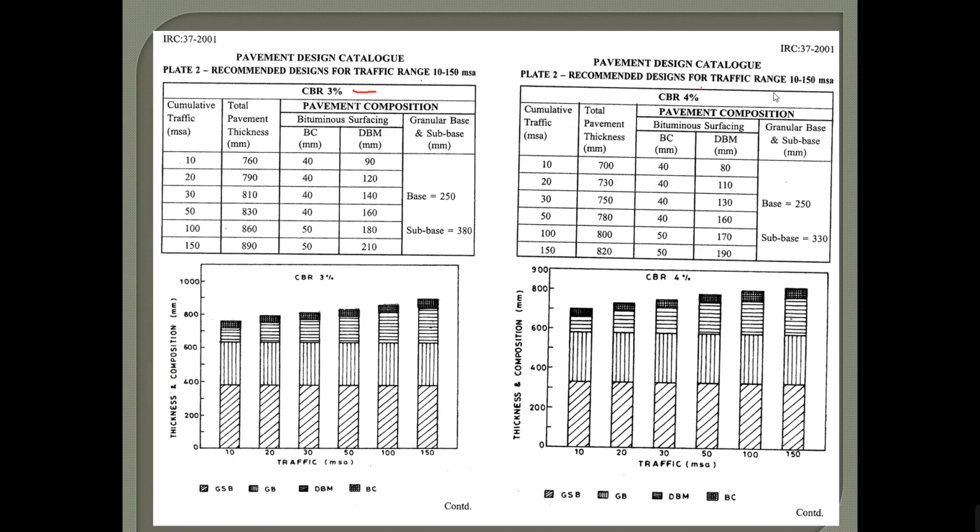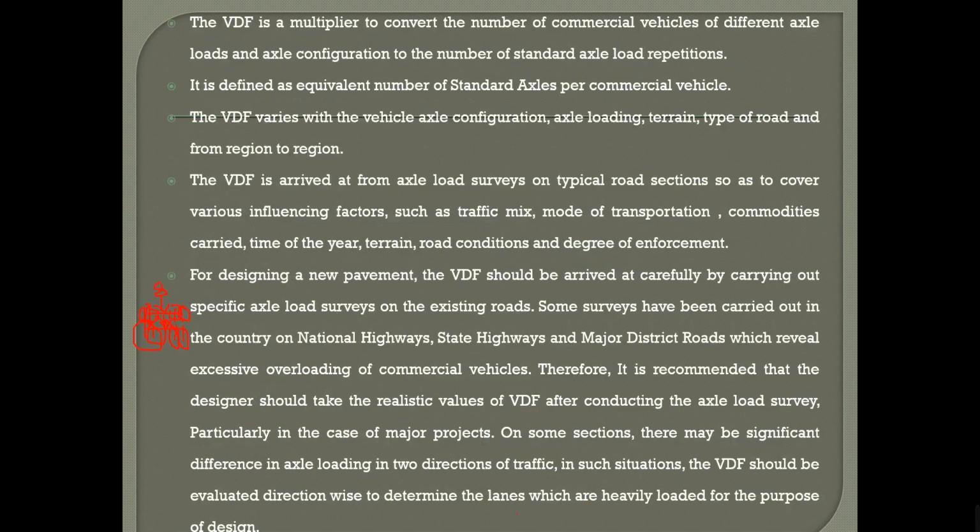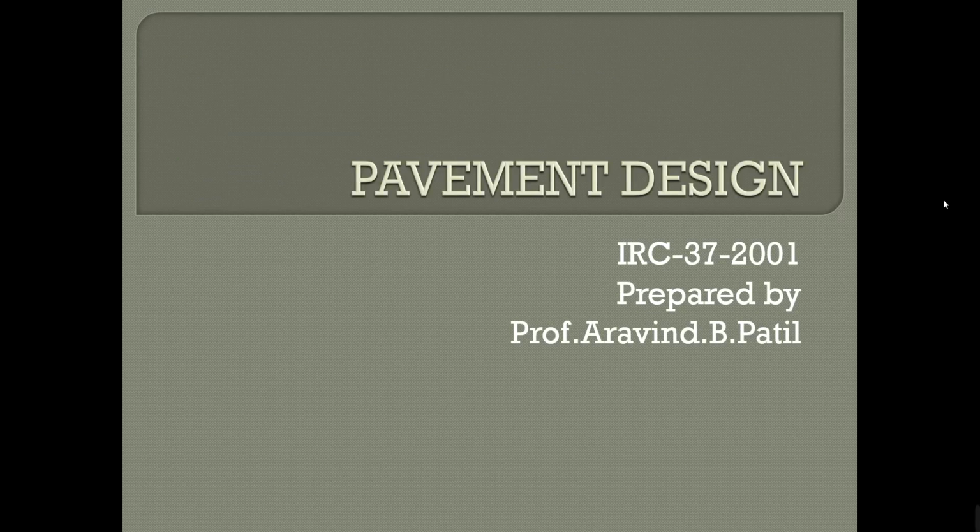So how many design catalog charts can you expect to see? 2, 3, 4, 5, 6, and so on up to 10% of CBR for the design traffic of 1 to 10 MSA. Another set of design catalog charts will be for traffic in the range of 10 to 150 MSA for CBR values ranging from 2% to 10%. You have to keep it in your mind. Okay, so this is all about the IRC methodology for designing the flexible pavement.